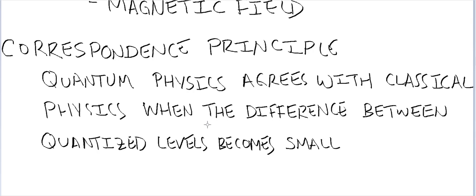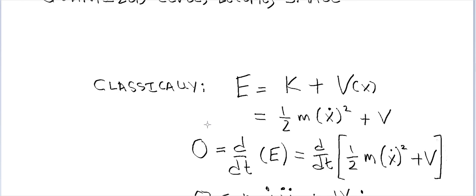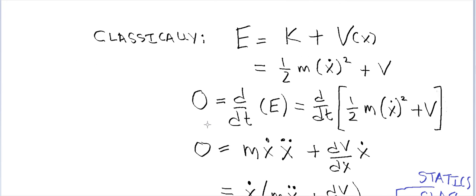Okay, so let's get into some of the truly revolutionary parts of quantum physics. I'm starting in a more classical model where we could say that total energy is the kinetic energy term plus the potential energy term.